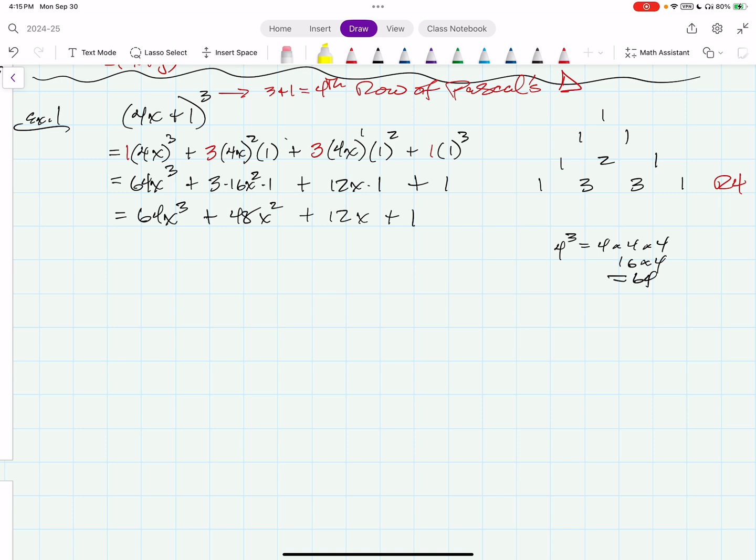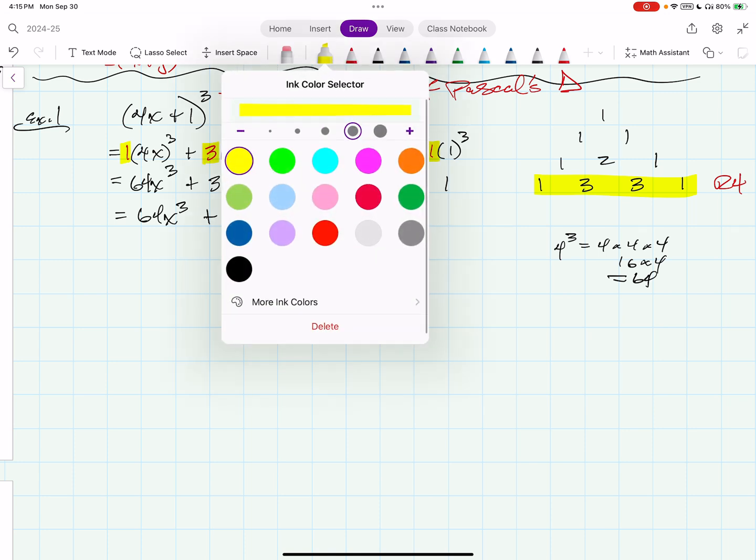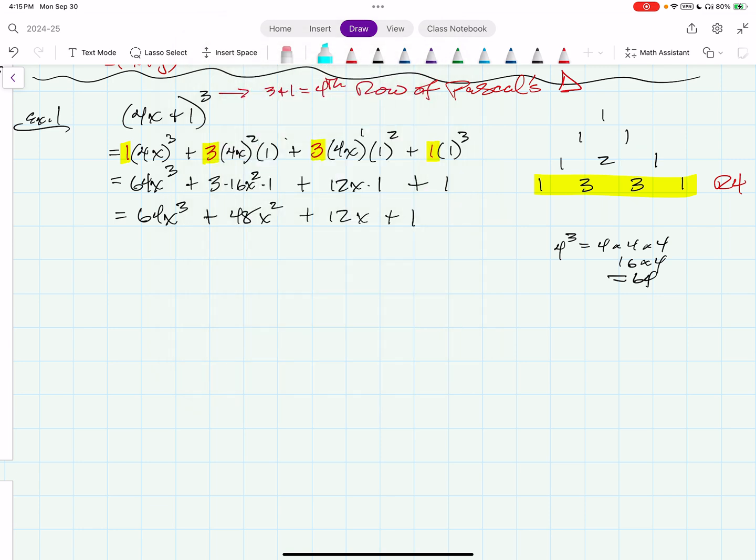So again, you go to the fourth row, and then you use those coefficients in your polynomial expansion. Remember, the degrees of your first term decrease and the degrees of the second term increase. So what do I mean? We'll take a look at this in blue. It goes third degree, second degree, first degree, and then 0 degree.